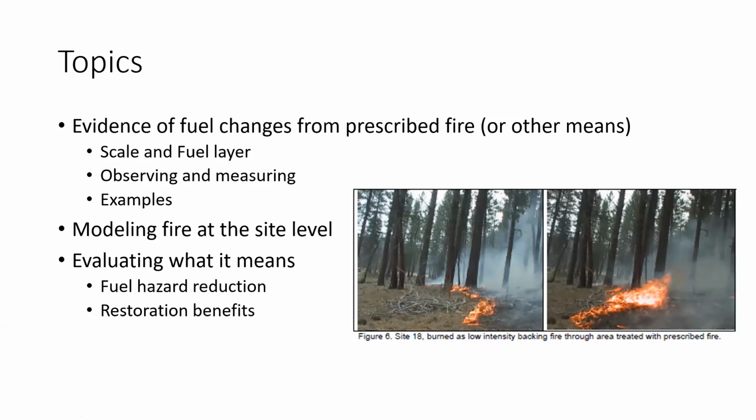And I'm just going to touch on a little bit about modeling at the site level, because the information you use and the models and the approach are a little different than at the larger landscape scale. And then lastly, and partly in between along the way, evaluating what it means. What have you really done for fuel hazard reduction? What have you really done for ecosystem or forest or ecological restoration benefits? So next slide, please.